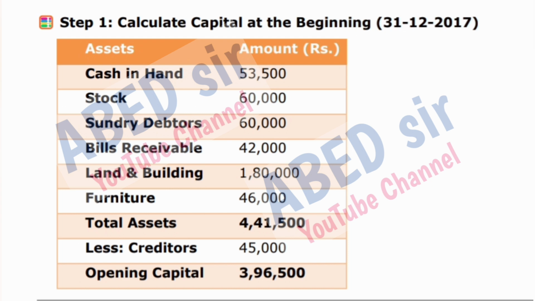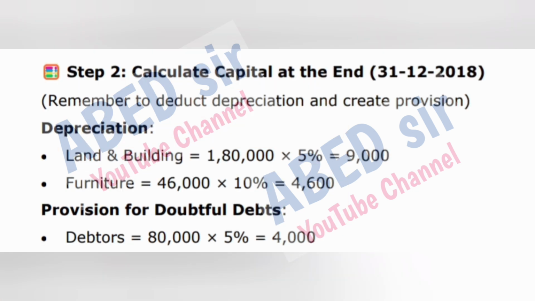Land and building 1,80,000. Furniture 46,000. Total assets 4,41,500. Less creditors 45,000. Opening capital 3,96,500.